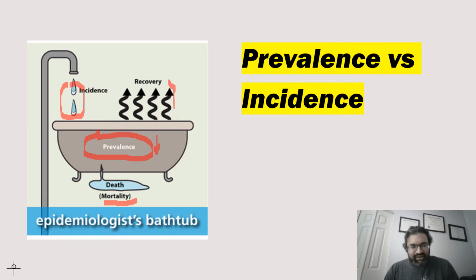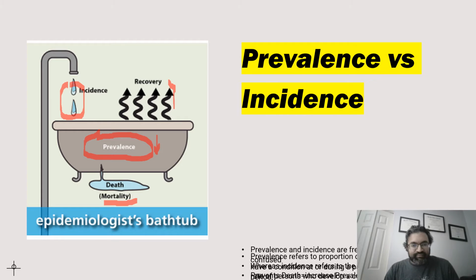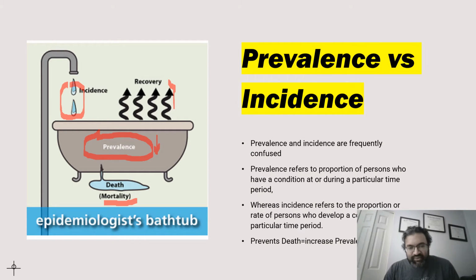Now, if there's some sort of treatment that decreases death, then this will become less of a leak, and that will increase the prevalence. So this is how this bathtub works. So again, if something prevents death, that increases prevalence.